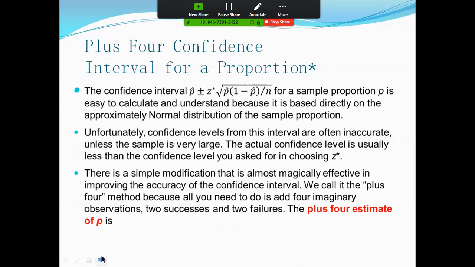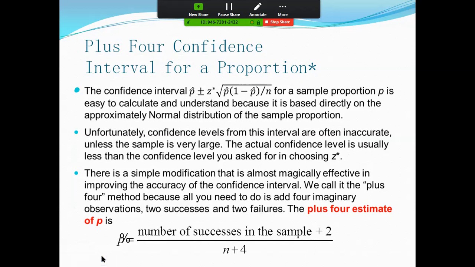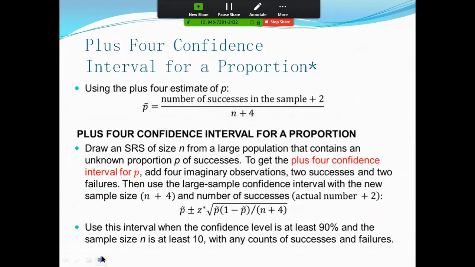The plus 4 estimate of p is the number of successes in the sample plus 2 divided by n plus 4.